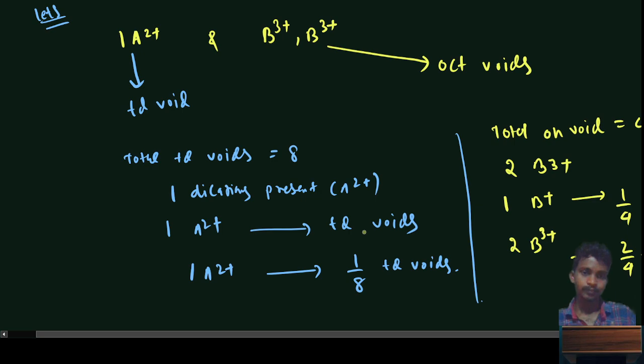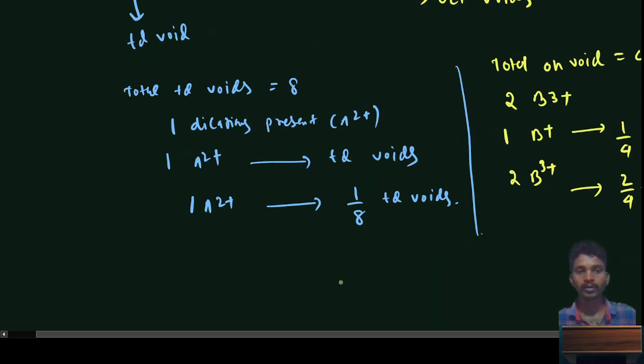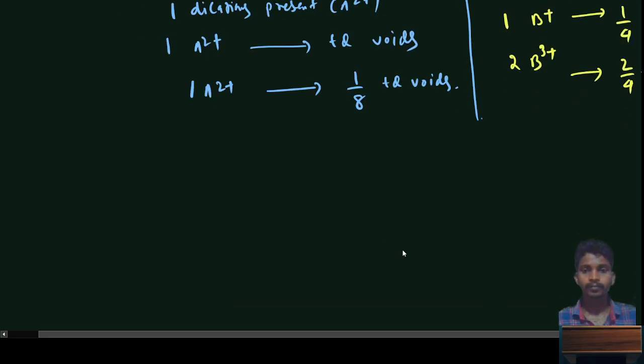So this is how it occupies. If it occupies the tetrahedral sites, that is possible. Also possible is that one dication occupies the octahedral sites. If it occupies the octahedral sites, now we have 2 more.